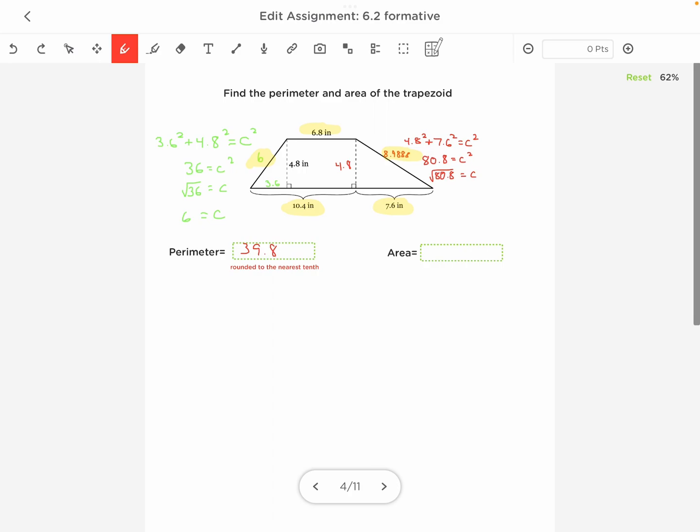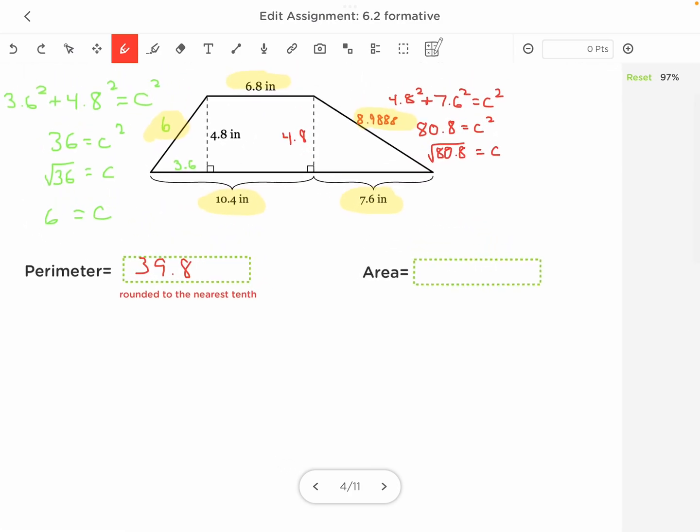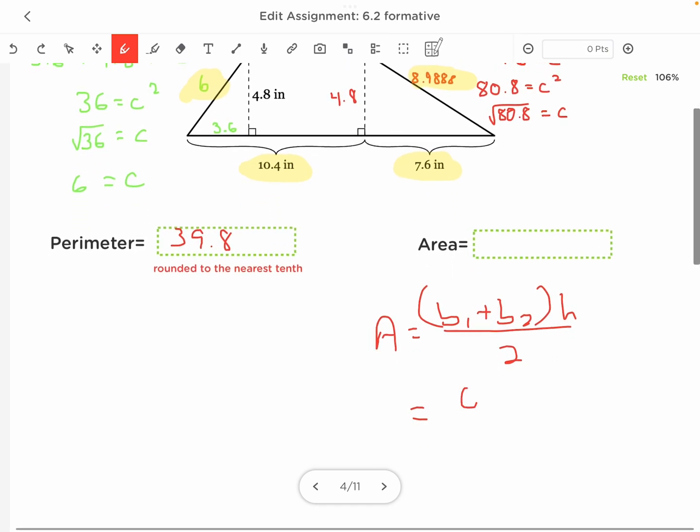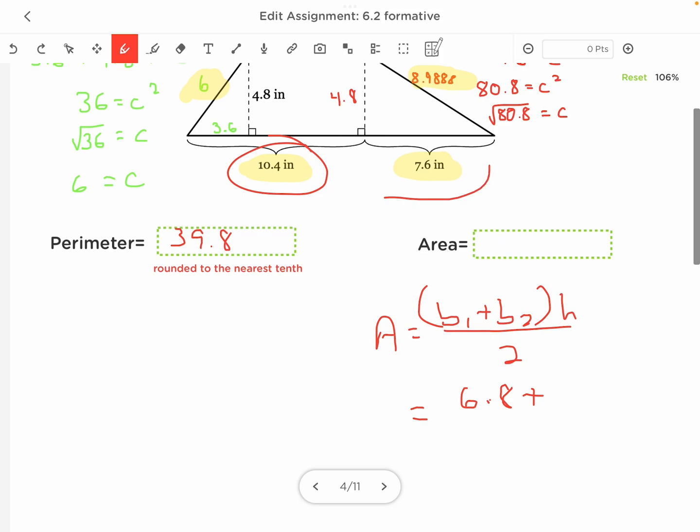Now the area is easier, especially since now we have all of our pieces. To find the area, this is a trapezoid. We're going to do base 1 plus base 2 times the height divided by 2. And so my base 1 is 6.8. My base 2 is 10.4 plus 7.6.